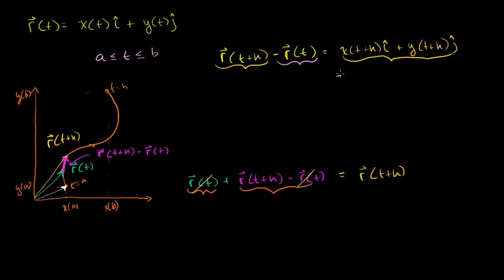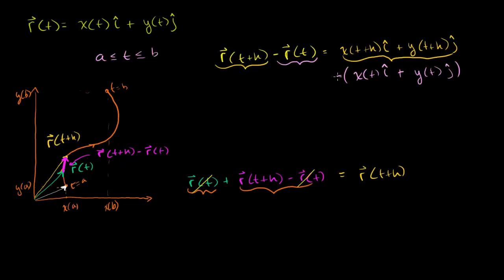I'll do it on the second line, I'm running out of space. Minus x of t, right? r of t is just x of t times i plus y of t times j, but I'll just distribute the minus sign. So you realize that this is really just this guy right here. I'm just evaluating at t. So you have x of t and y of t, and then later we can distribute, right?